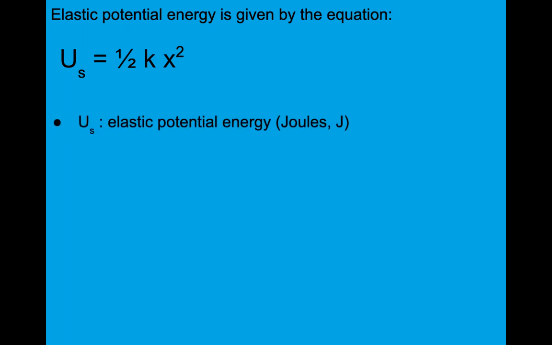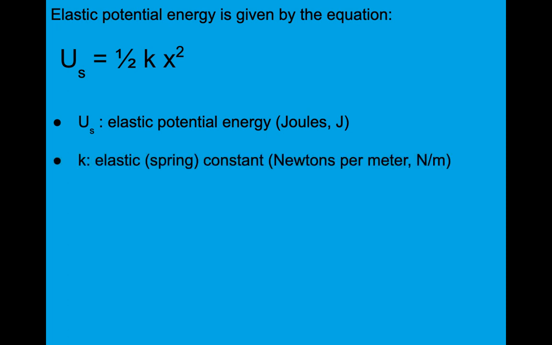That's equal to 1/2 times K. K again is our spring constant, measured in newtons per meter. It tells us the rigidness of the spring, so how much force per meter of stretch. That's multiplied by the displacement, or the stretch/compression distance, squared.